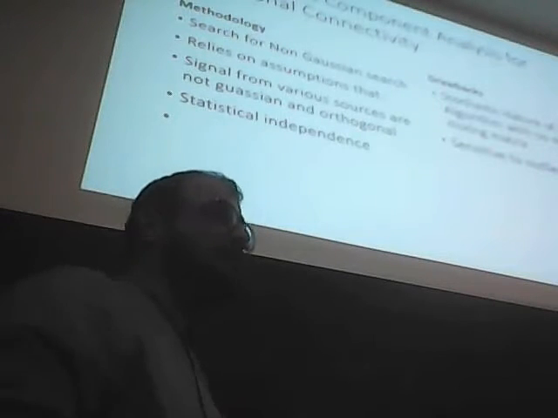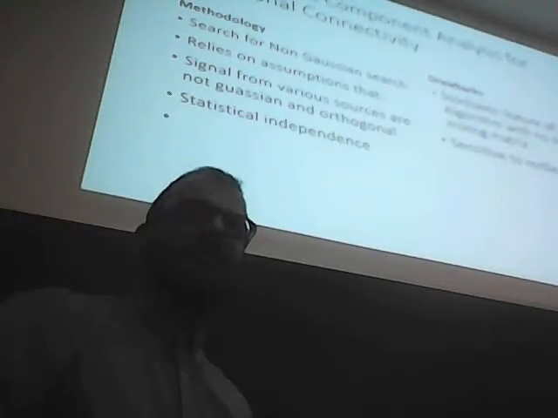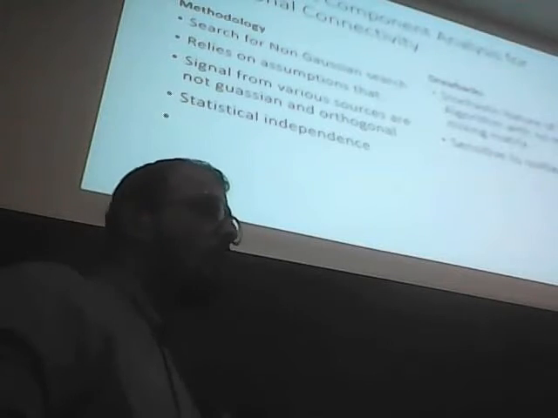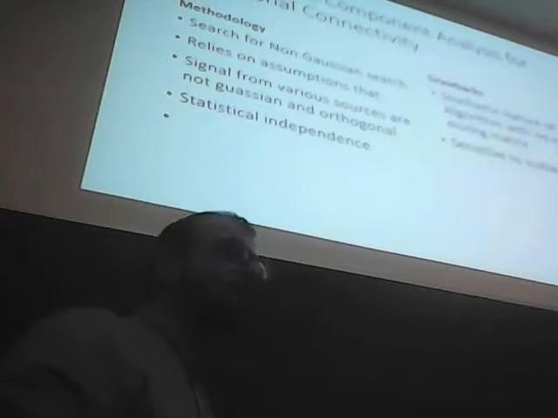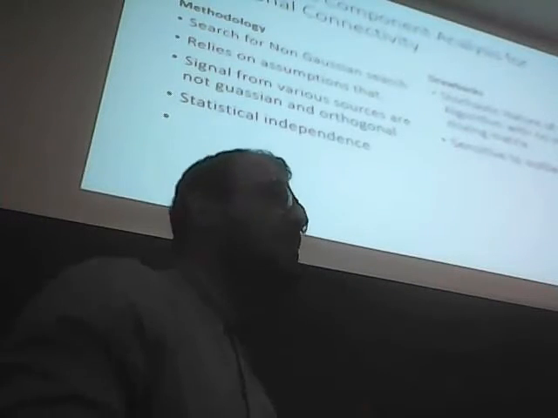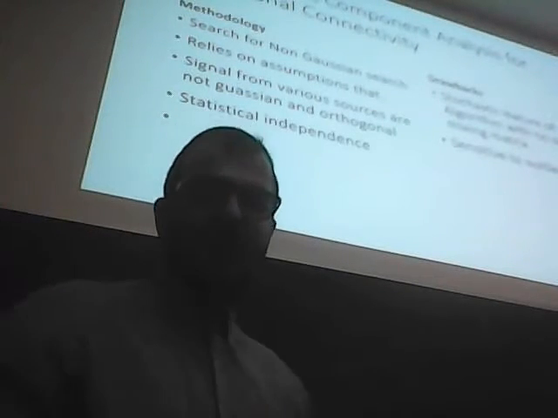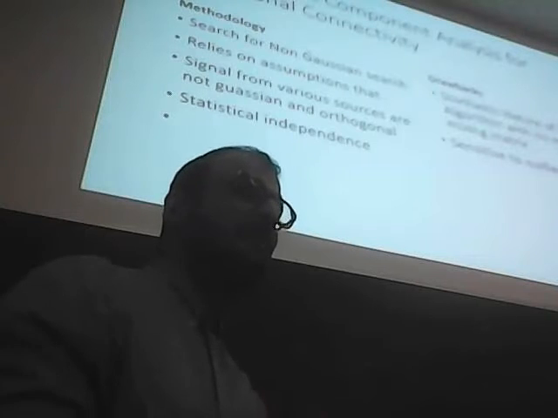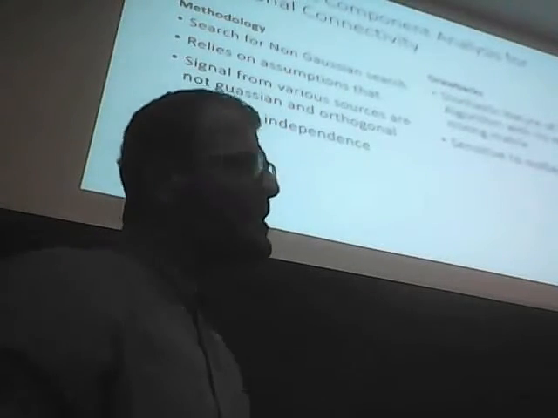So when you have the same data sets from fMRI and MRI, which represent the voxel intensities, if you run the same algorithm on the same data sets every time, you get different results. That's one drawback.